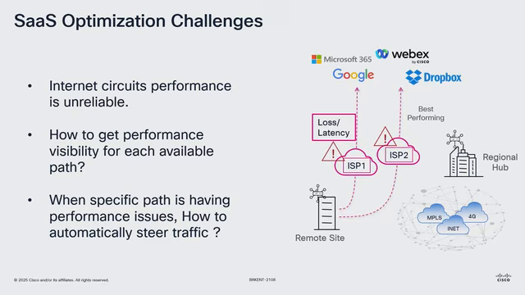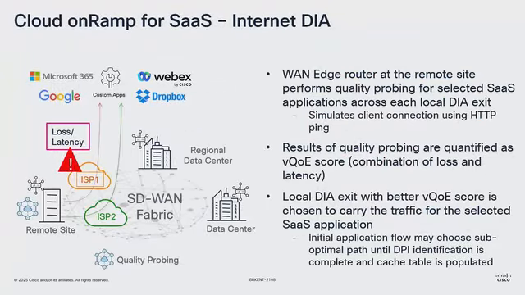For doing that, you need to get visibility. First of all, you need to know how the different paths that are being taken by the SaaS application traffic are performing. And then you want to know what is the issue that a particular path is having so that you can automatically steer traffic onto a better performing path. Let's take an example wherein you have internet DIA, direct internet access, at a particular remote site, having two ISPs, ISP1 and ISP2.